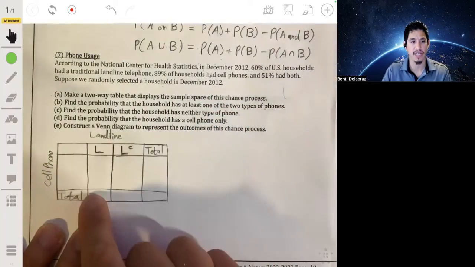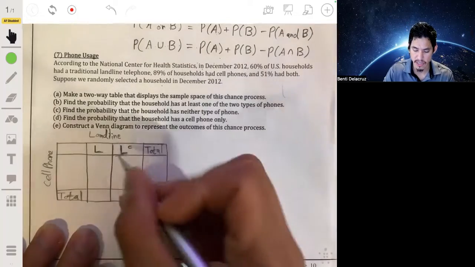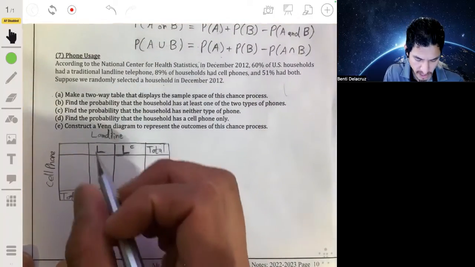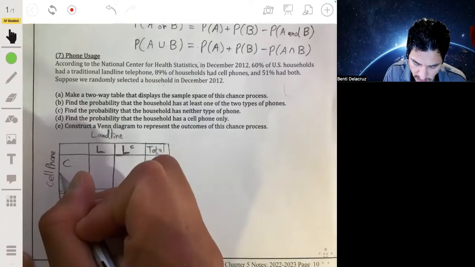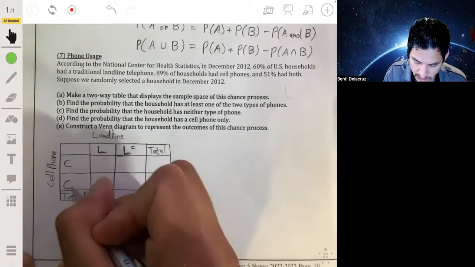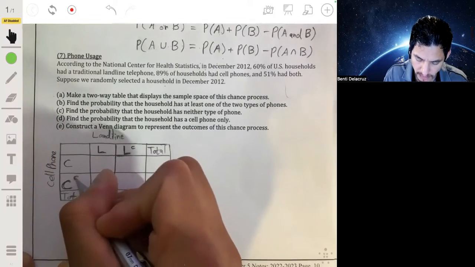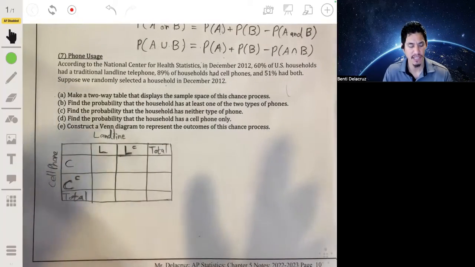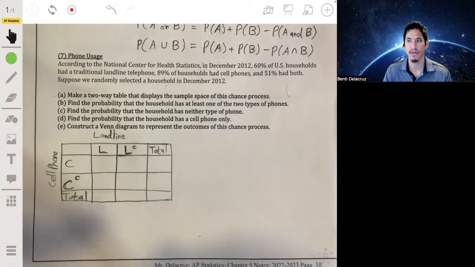So this column represents a landline, and this column represents that you don't have a landline. And we use the same idea for the cell phones. Either you have a cell phone, we'll have a C, or you don't have a cell phone, so C complement. And that's it. That's how we want it. That way we can minimize our rows and columns, and we don't overcomplicate it.